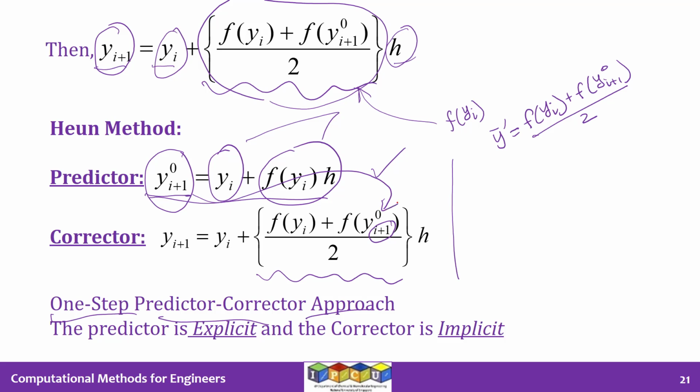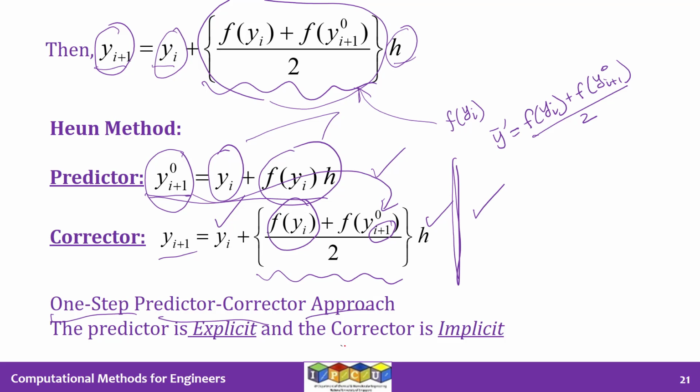Yi is already known, f of yi is already known, h is known. So the corrector step also seems to be explicit. What you're thinking is true. If we just leave it like this, then both the predictor and the corrector are explicit. No need for doing any iterations. So both are explicit as written here.